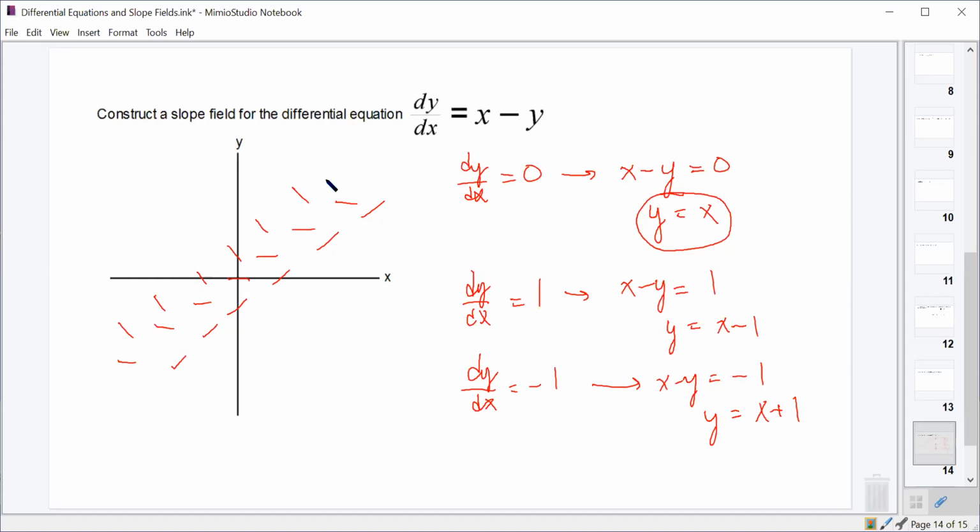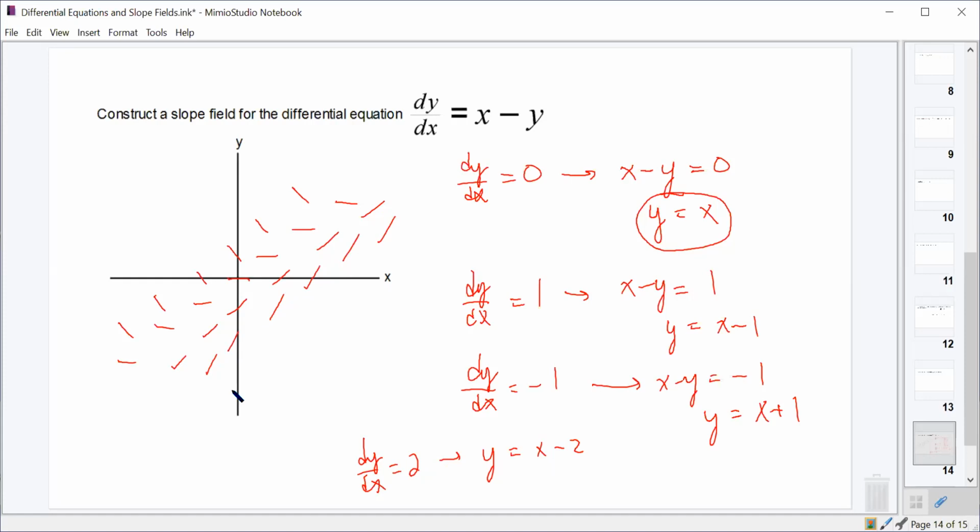So if we choose 2, that's going to give us what? Y equals x minus 2. And x minus 3 will give us 3, and x minus 4 will give us 4. So as we continue going down and to the right along this, for each of these lines, it's going to keep increasing slightly each time. So this next one should be 2.